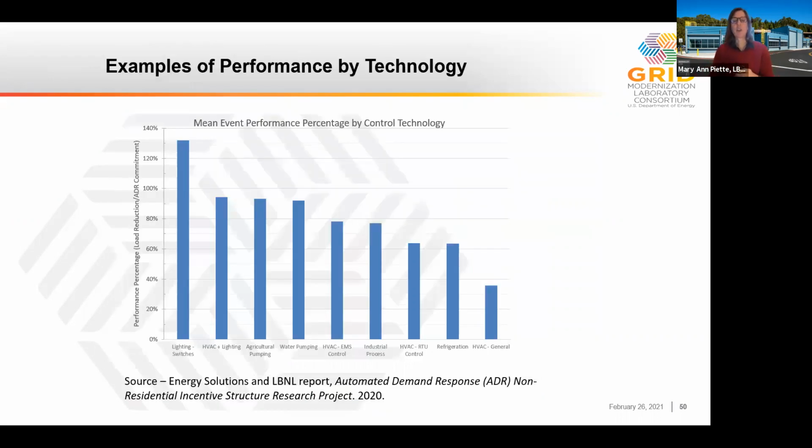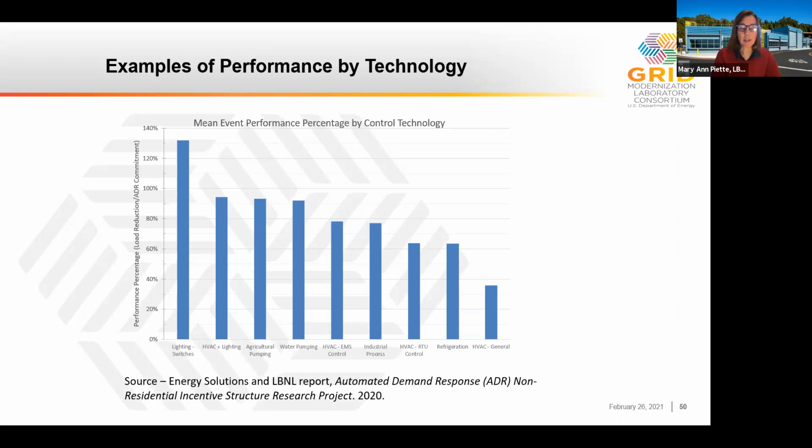This slide shows you the performance of different strategies. Now I have lighting all the way on the left and general on the right. And what you'll see on the y-axis is the estimate of the performance in the field from the mean event performance compared to the initial estimate, and the initial estimate was generated when the audit was done.